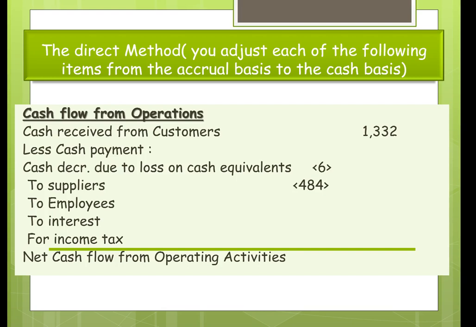Now the same thing we have to do for employees, interest, and income tax. These are not as complicated, but what we have to do is take the amount shown as expense on the income statement and then adjust for any changes in our current liabilities associated with these accounts.